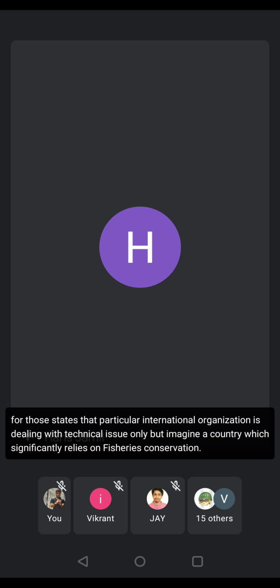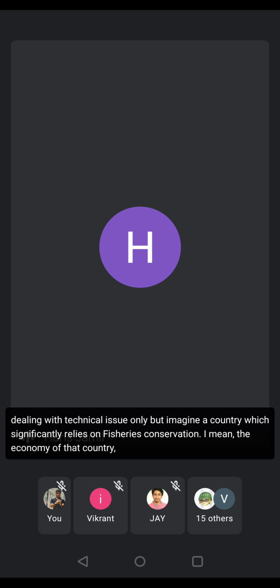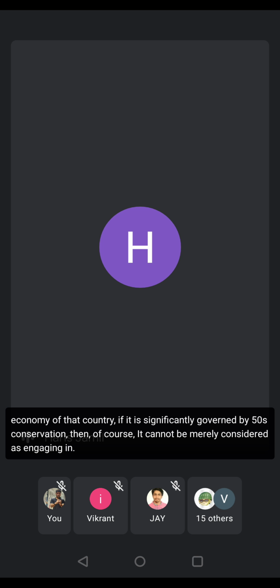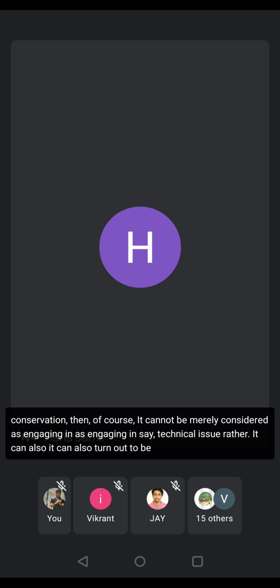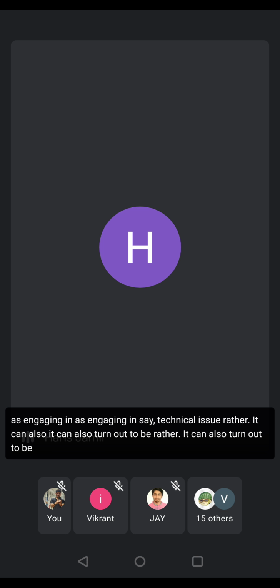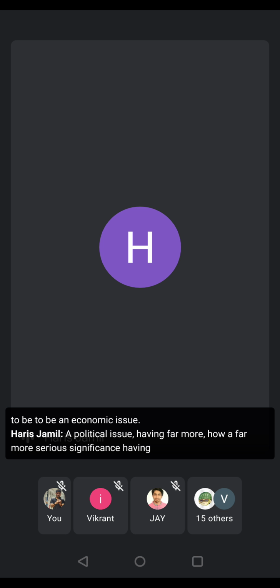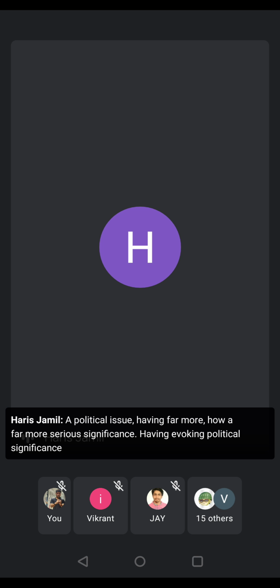If the economy of that country is significantly governed by fisheries, then of course it cannot be merely considered as engaging in a technical issue. Rather, it can also turn out to be an economic issue, a political issue having far more serious significance, evoking political sentiment, as it is often called, and going beyond merely technical questions.